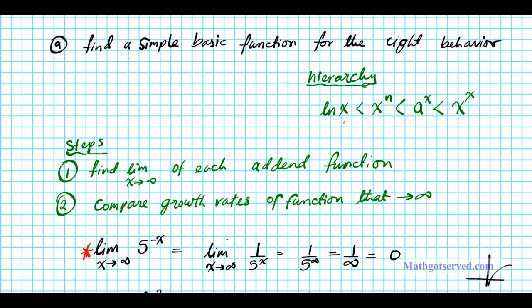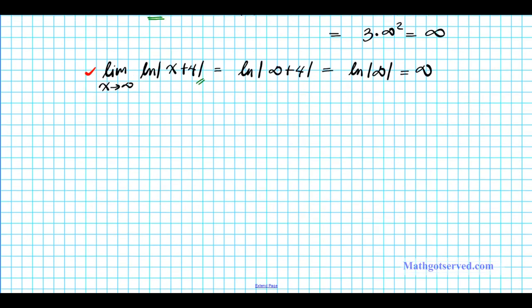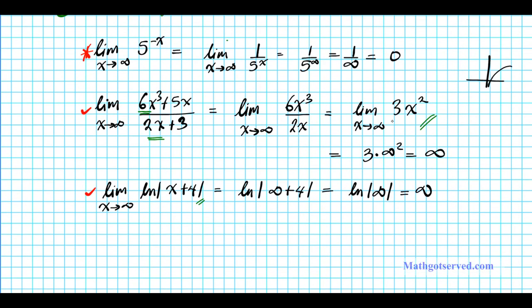Logarithmic functions are like the slowest ones, okay? So in this case, the right behavior model is going to be given by this function right here, 3x squared, okay? So the right behavior model is 3x squared.